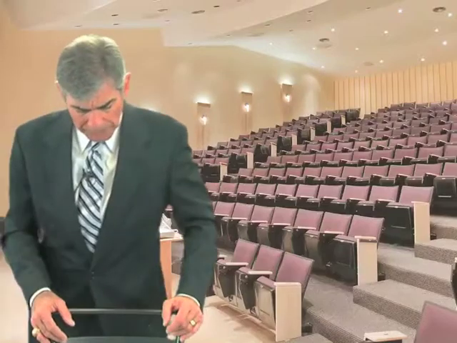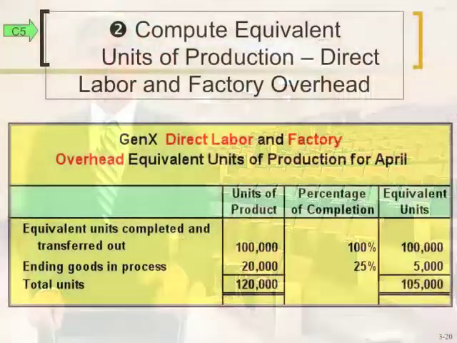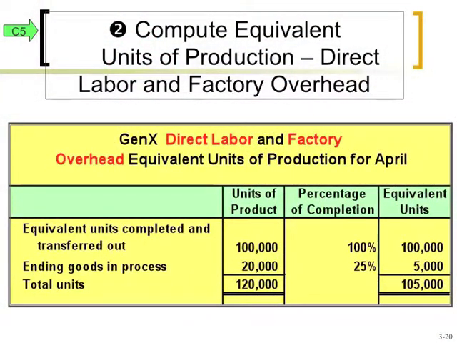So if we look at the next slide, slide 20, now we're looking at the direct labor. And here, again, anytime a unit is completed and transferred out, you have 100,000, you have the full 100% of each unit. A unit that is complete means it is complete. 100% means completion.